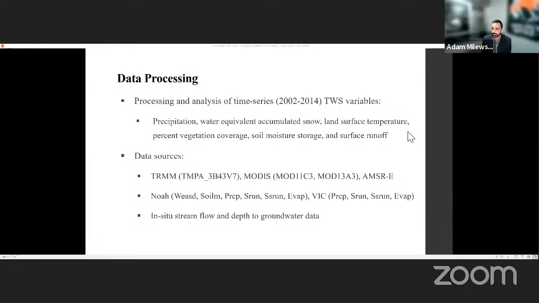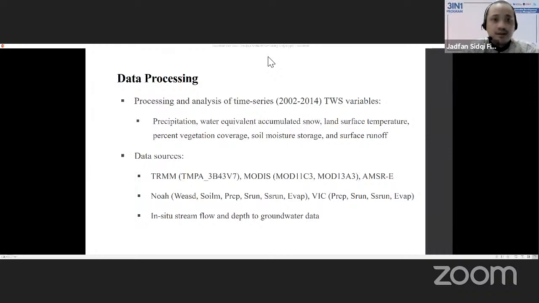Are there any other questions? If not, maybe I have a question for you too, Professor Adam, regarding yesterday. I'm really curious whether measurement by satellite can predict or show us land subsidence.